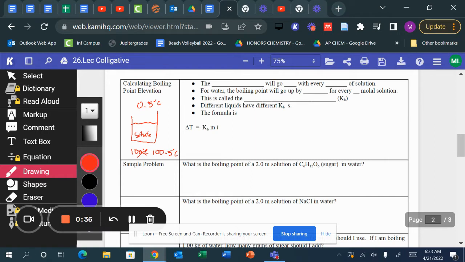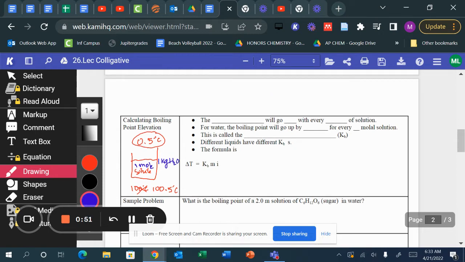So if you want a half a degree, you want to put 1 mole of your solute for every 1 kilogram of water. Okay, this unit, 1 mole for every 1 kilogram, is called 1 molal.